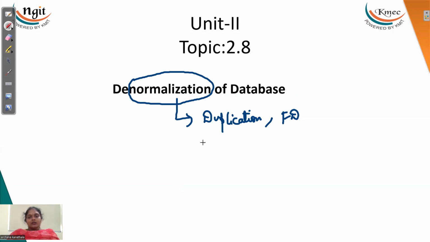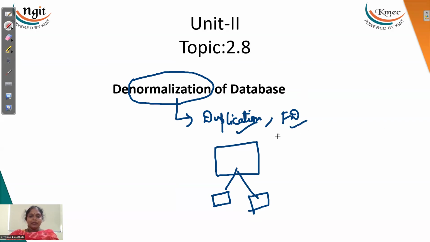Now, going back, when a large amount of data is split into smaller subtables for the purpose of removing duplication and then functional dependencies, it is called normalization. Denormalization is for the purpose of improving the performance or fine tuning of the database.